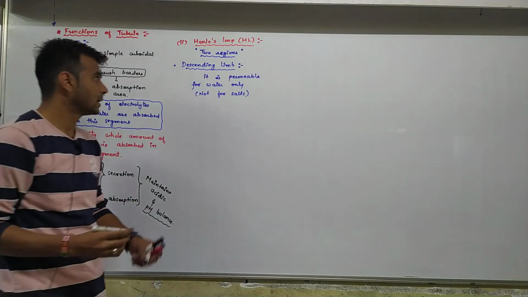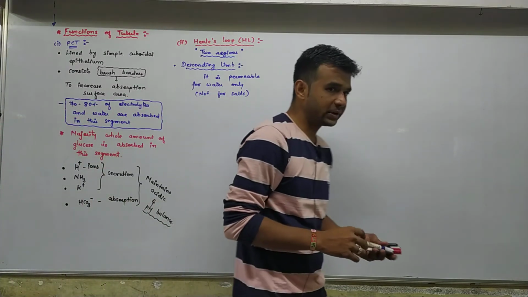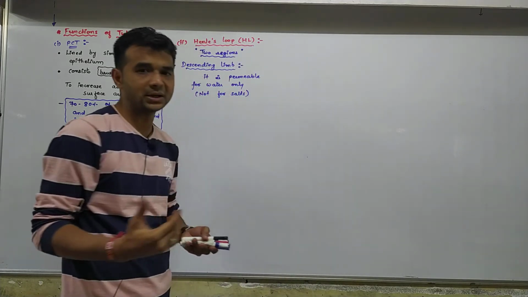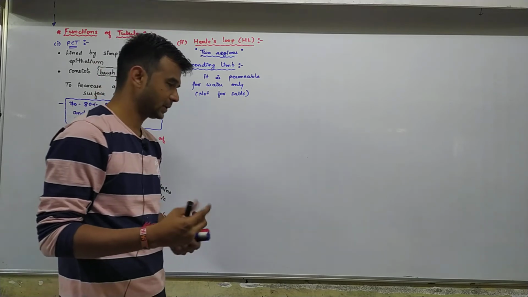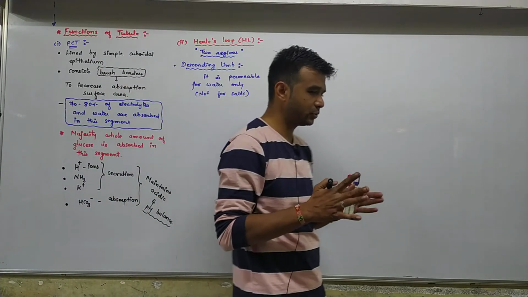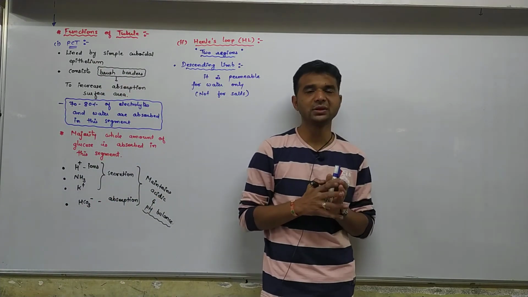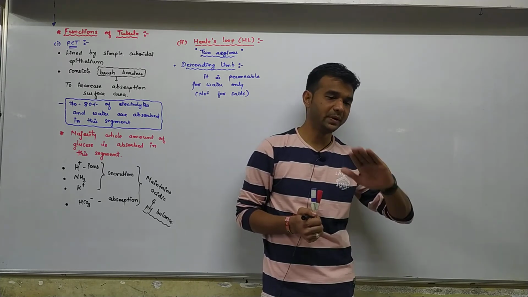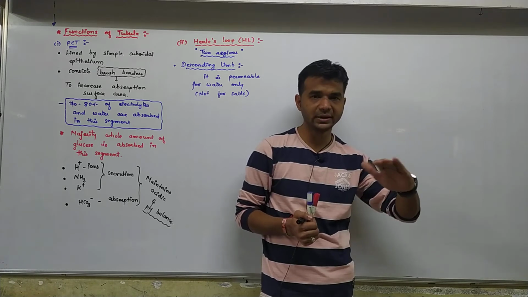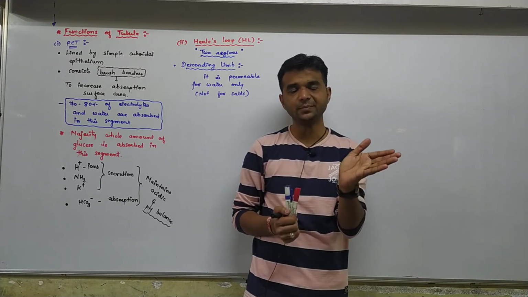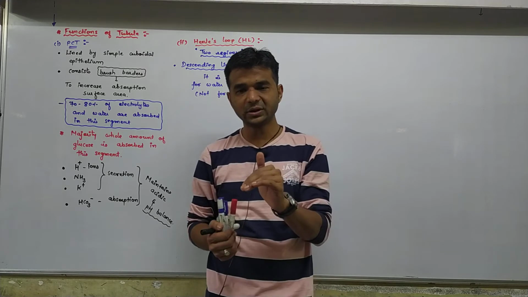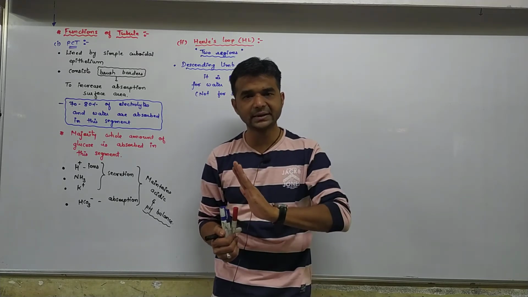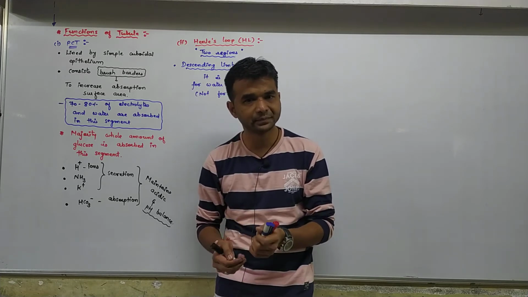See, before taking this in detail, I want to explain one more extra point here. You know that up to DCT we can't use the word urine. Up to the convoluted tubule we use the word filtrate, and after that, in the collecting duct, we use the word urine.